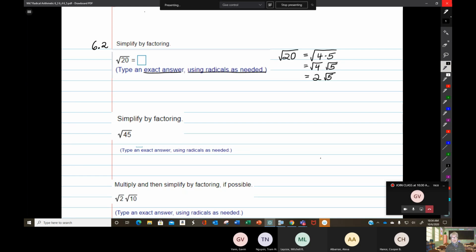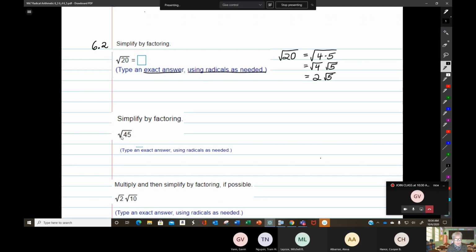We have simplified the square root of 20. We've pulled out all the perfect squares that are hiding in there so that we can get this down to what actually composes the square root of 20.